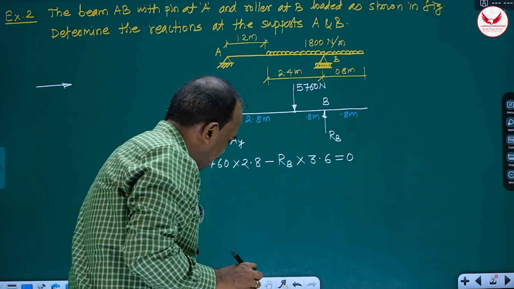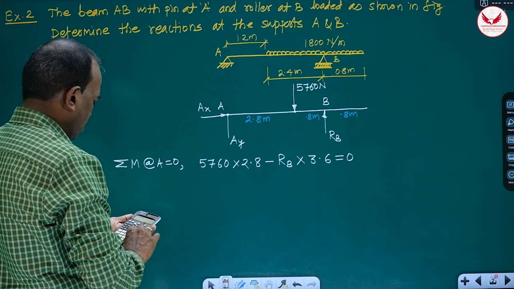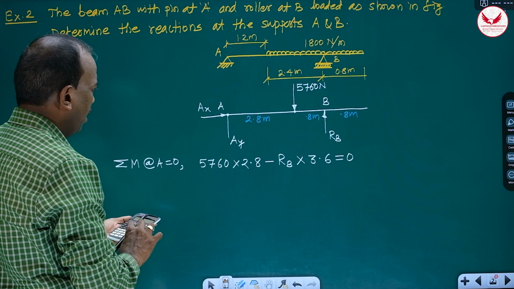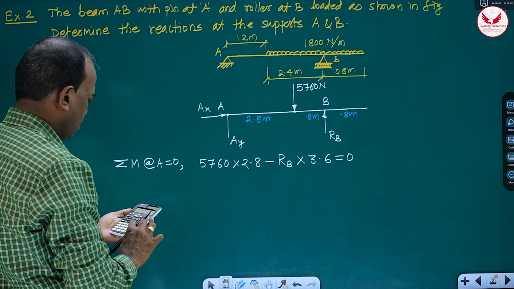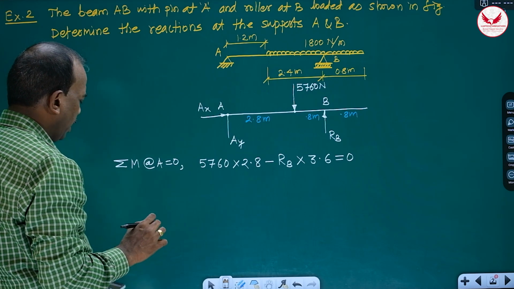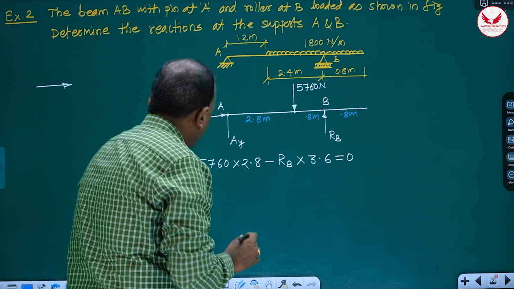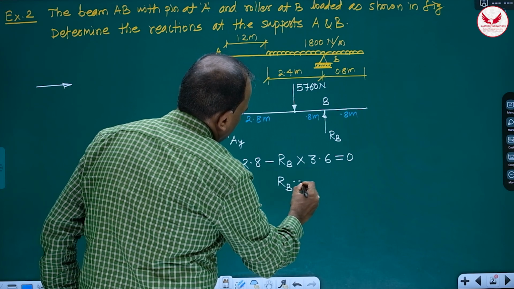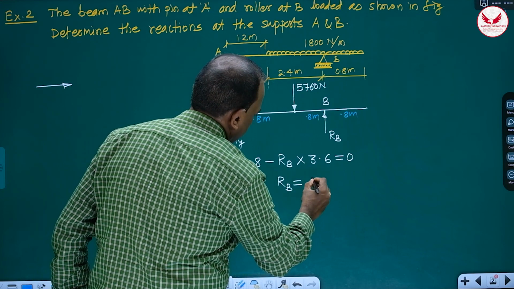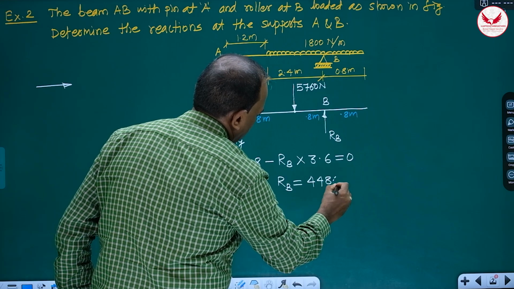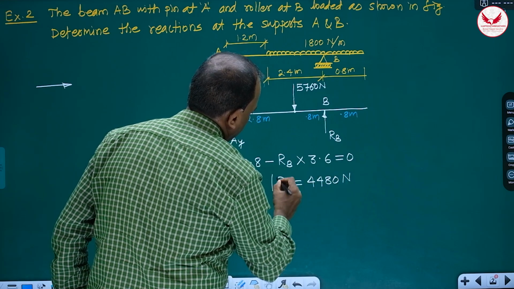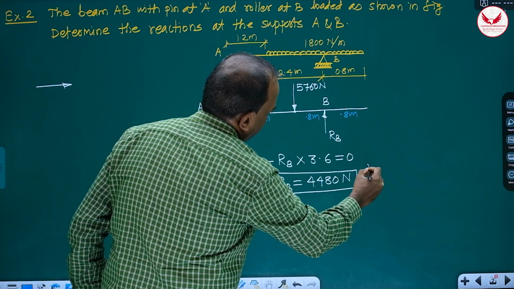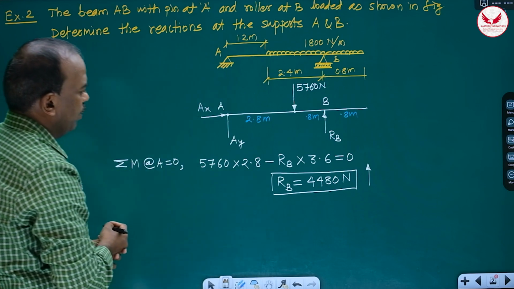Finish. And from this, RB is 5760 into 2.8 divided by 3.6, it is 4480. So RB is going to be 4480 Newton, and it is acting vertically upward. This is the reaction at B.